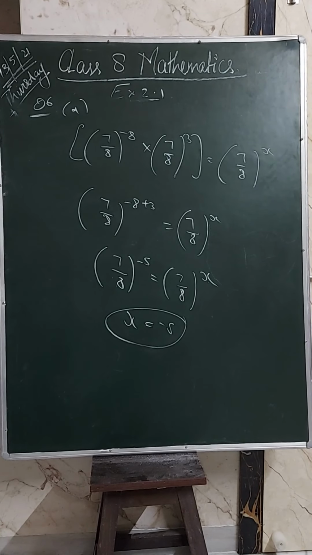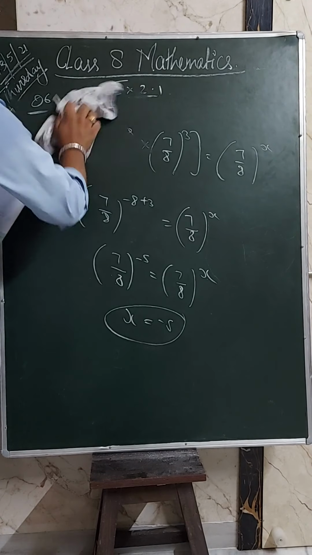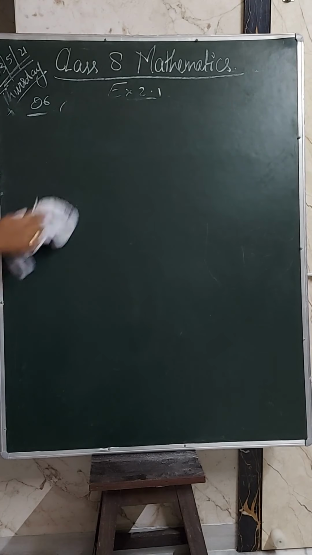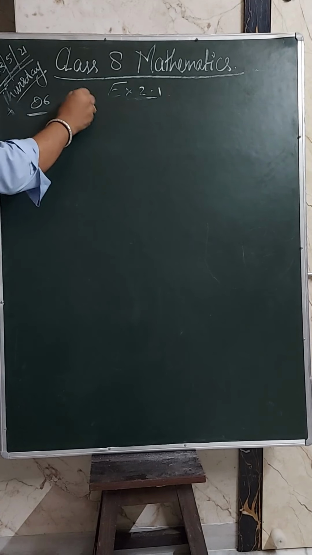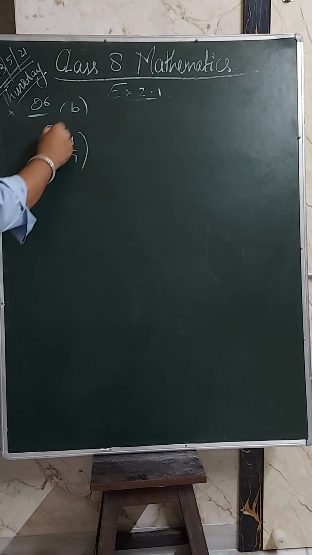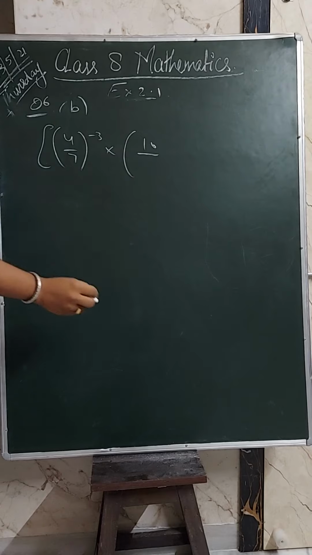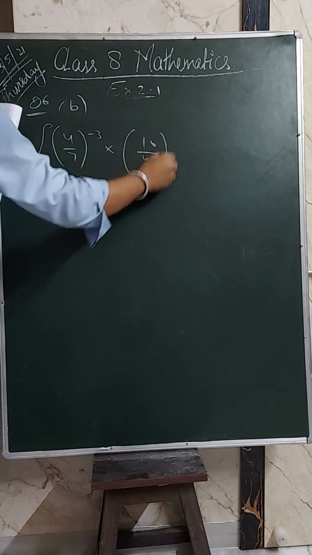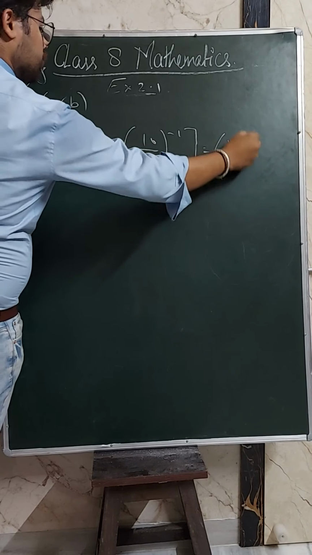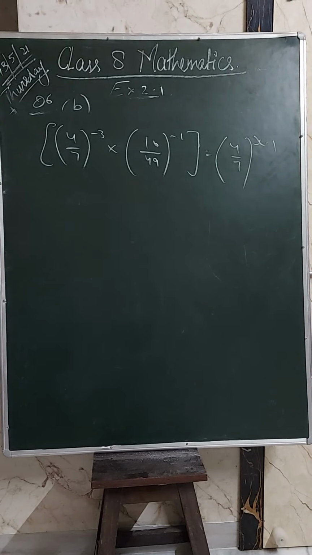Now B part, 4 upon 7 power minus 3. This is the question.